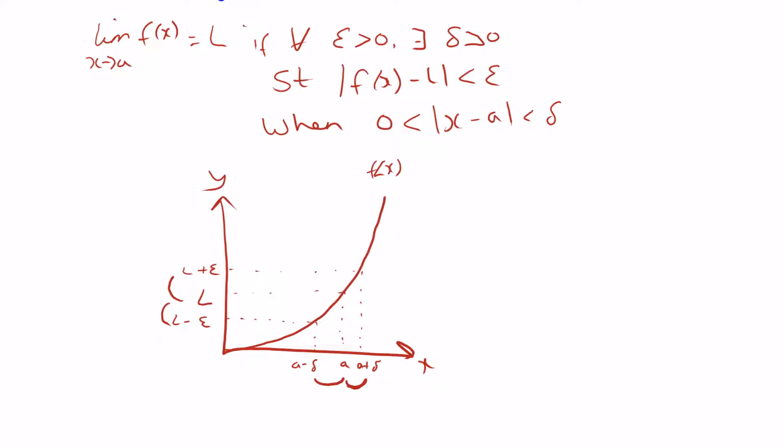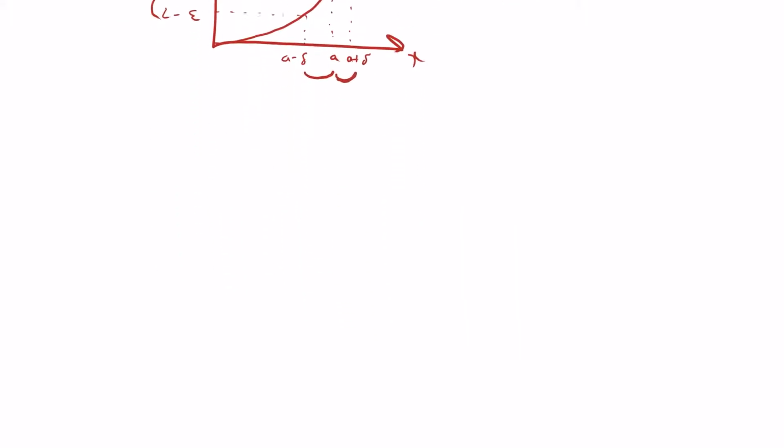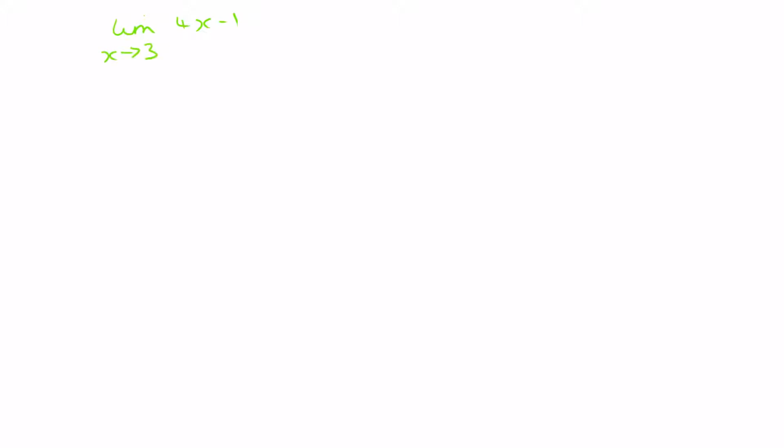So let's have a look at an example. If we take the limit of 4x minus 1 as x tends to 3. So what are we looking at here? We can look at this graphically. The graph 4x minus 1 looks something like this.